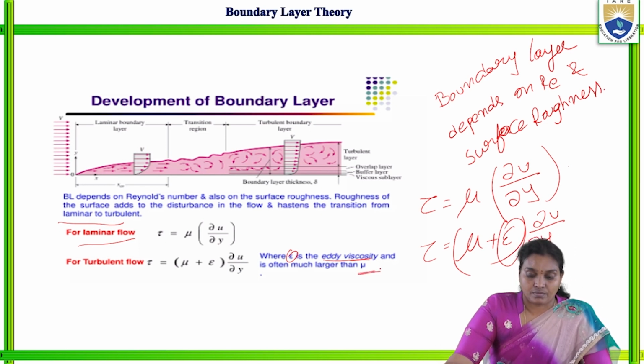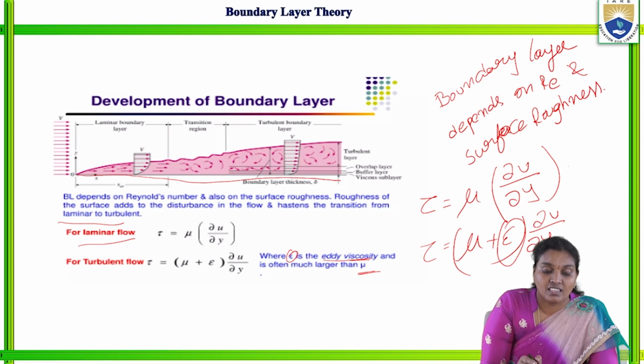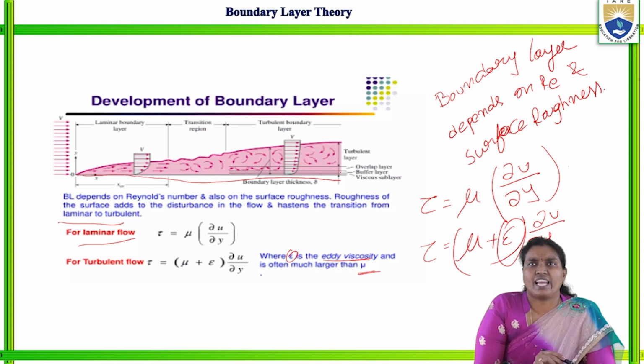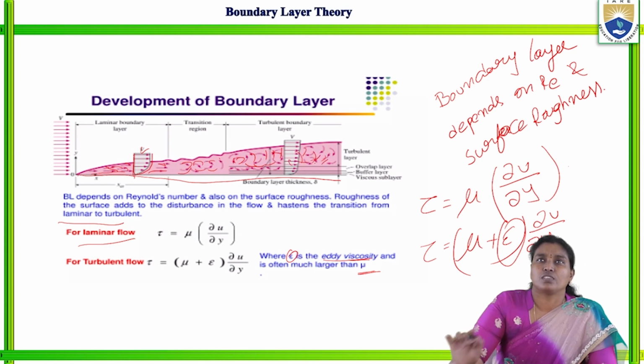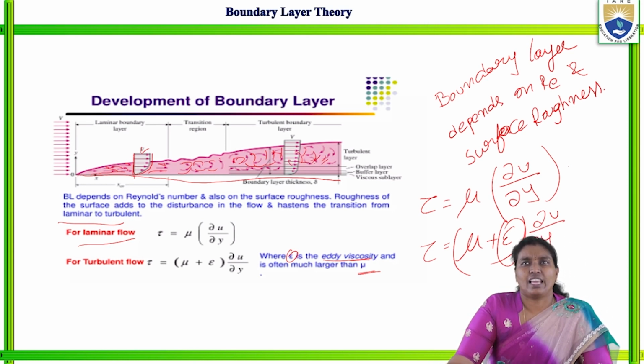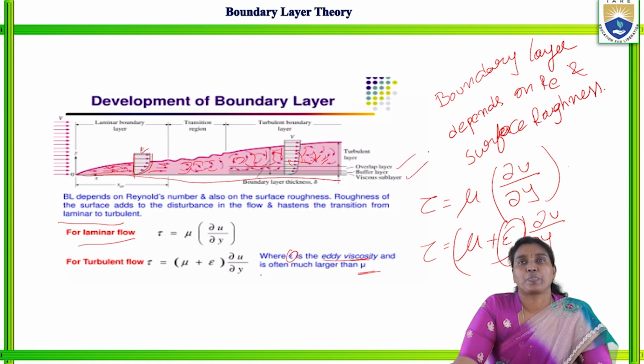Now coming to this boundary layer, this is the boundary layer thickness delta. Here is the velocity, and the flow is like this. Coming to the turbulence, this is the turbulent layer, overlap layer, viscous sub layer.